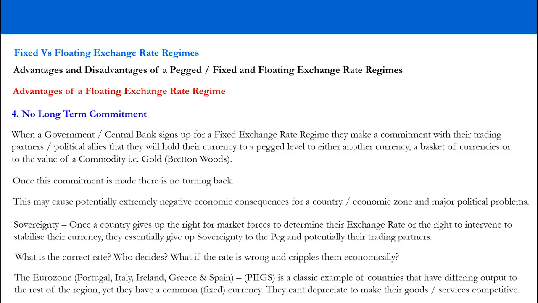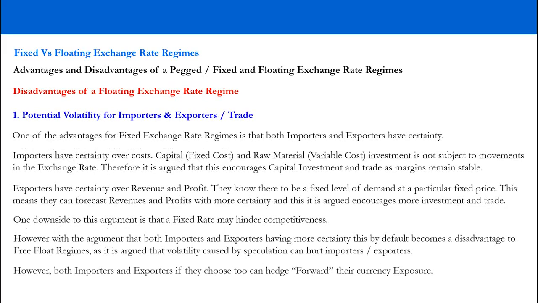Now, what we're going to move on to are the disadvantages of floating exchange rate regimes. As we mentioned earlier, the advantages of floating exchange rate regimes are essentially the disadvantages of fixed regimes. Therefore, the disadvantages of floating regimes serve as the advantages for fixed regimes.